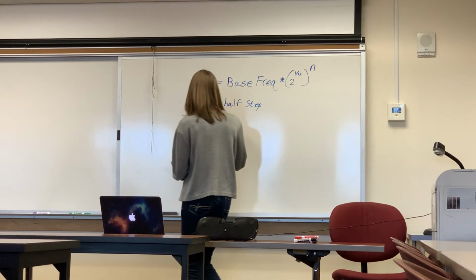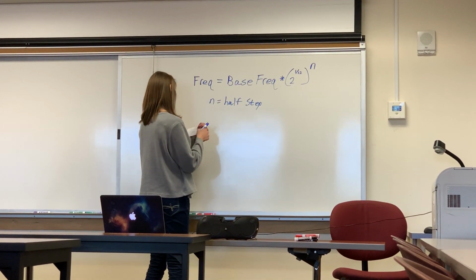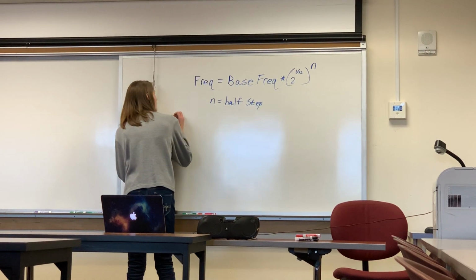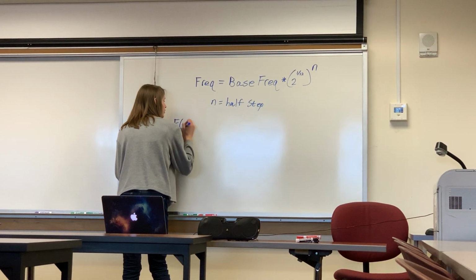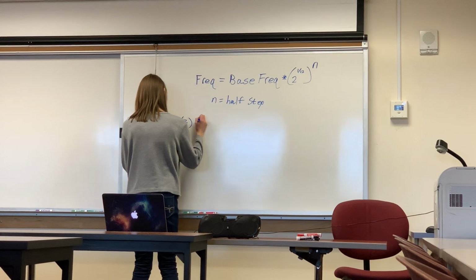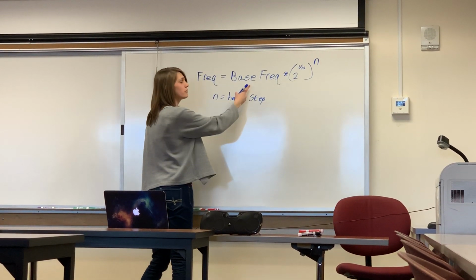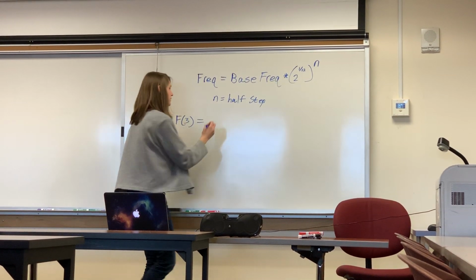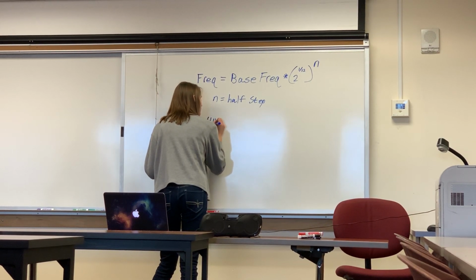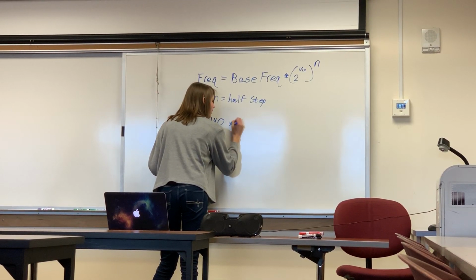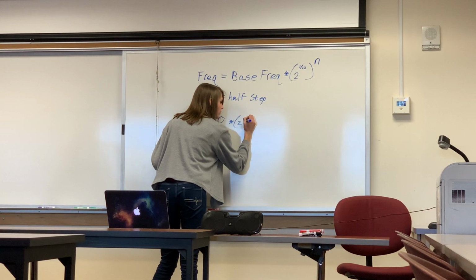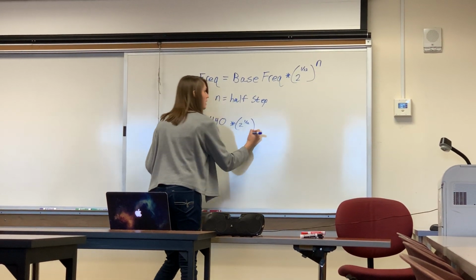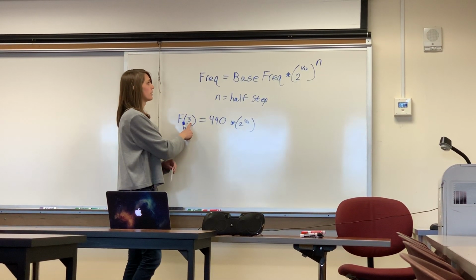So if I take A here, I can evaluate, I want to say f of 3. This is going to be my base frequency if we use A. It's going to be 440 hertz. And I'm going to multiply that by 2 to the 1/12 times n, where n is 3.